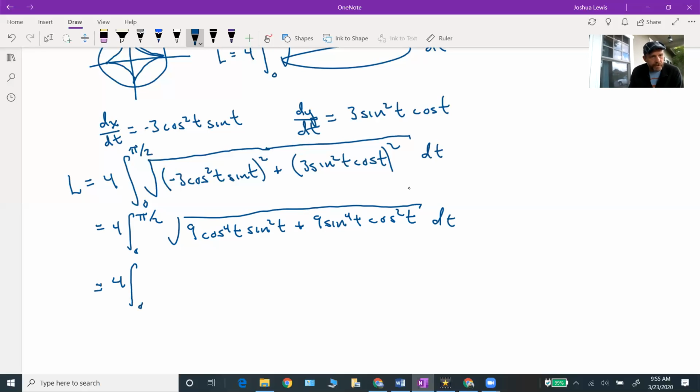So I'm going to factor out a 9. And let's see, looks like I can factor out a 9 cosine squared t sine squared t. Well, that's nice because that's a perfect square. And then times, well, what is this first term going to give me? Oh, it's going to give me a cosine squared. Ooh, I am getting hopeful.